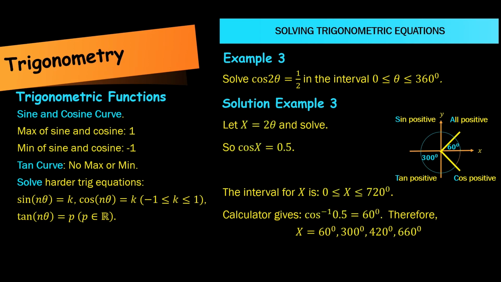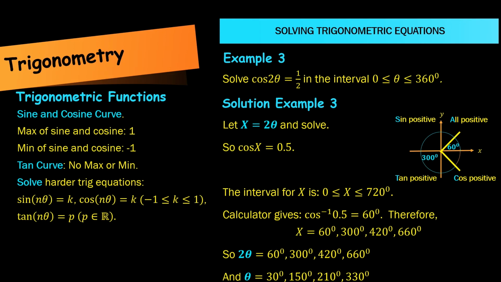We can't have any more solutions because they will go outside the range for x. And so 2 theta, because x equals 2 theta, is equal to 60 degrees, 300 degrees, 420 degrees, and 660 degrees.